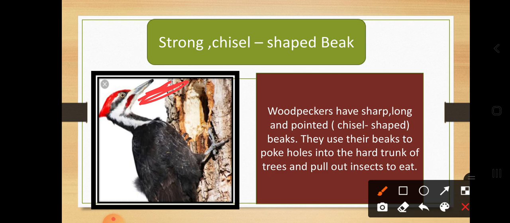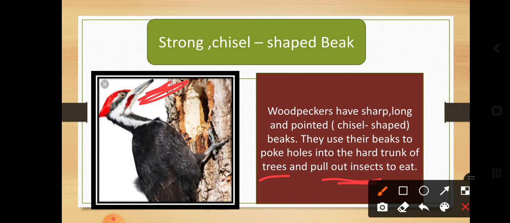In this way they are continuously poking holes in the hard trunks of trees and pulling out insects to eat. So why are they poking holes in trees? Because if the trees have any type of insects, they poke the trees and after that pull out the insects to eat.